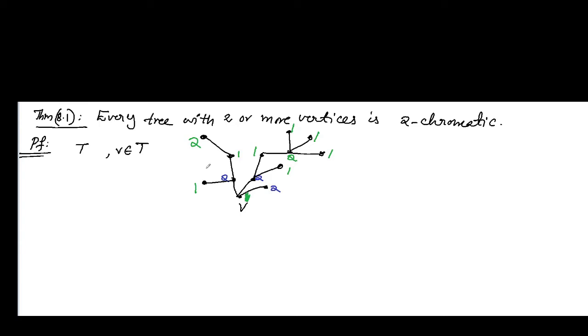Since there is one and only one path between any two vertices in a tree, no two adjacent vertices have the same color. Thus, T has been properly colored with the two colors only. So, one color is not enough. That means every tree with 2 or more vertices is 2 chromatic, and hence the proof of this theorem.